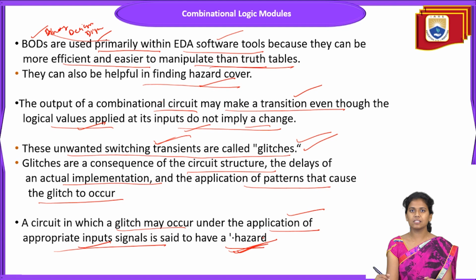These hazards and glitches we will see when you are implementing a design or designing a particular circuit. It is common when designing a particular circuit or module that glitches and hazards are observed.